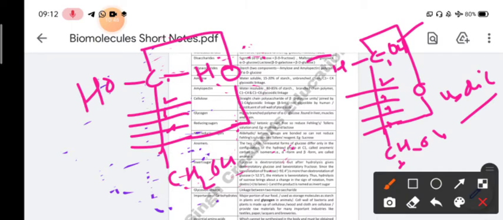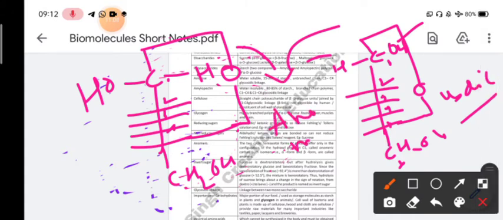So these two things can also be there. Depending on the relative position of OH and H, these two are different, although they are structurally almost the same. Just the positions are different, so they are called anomers of each other.